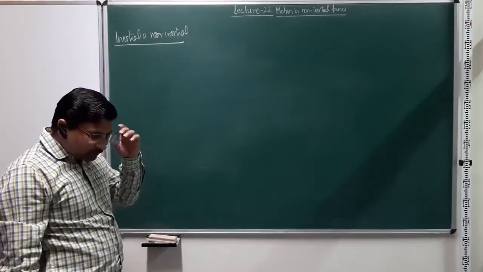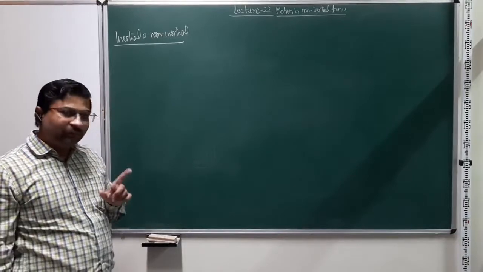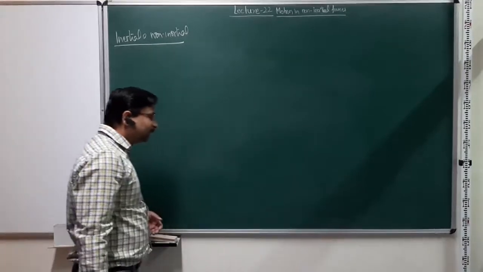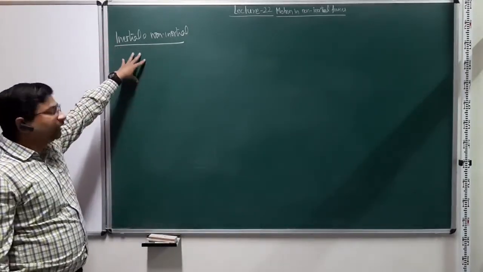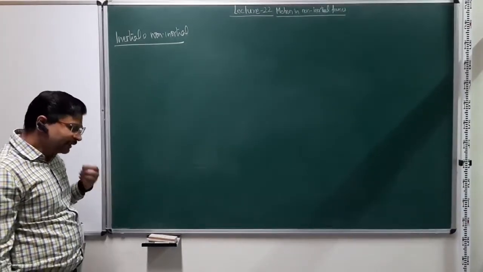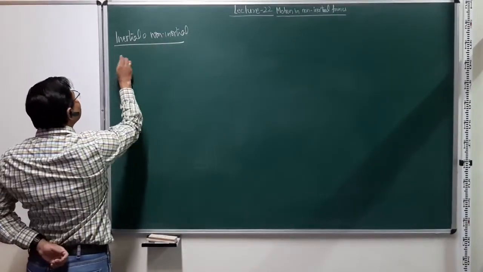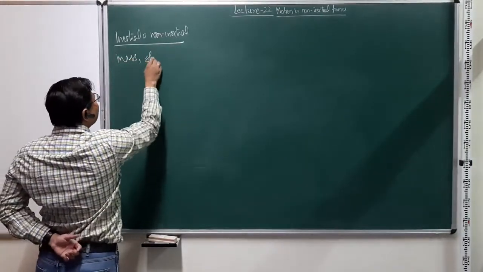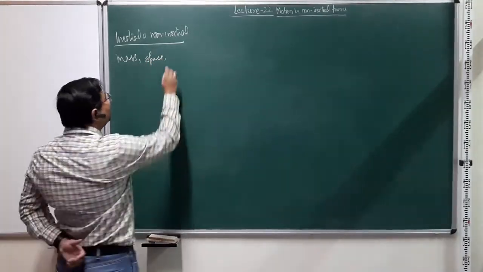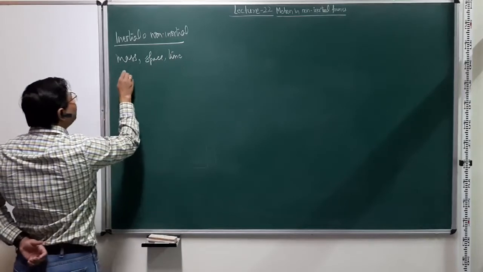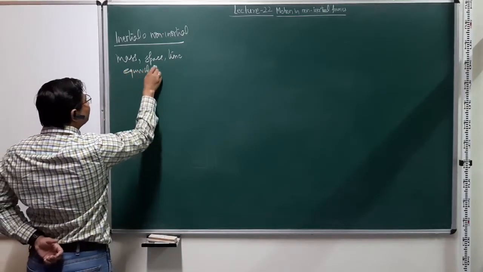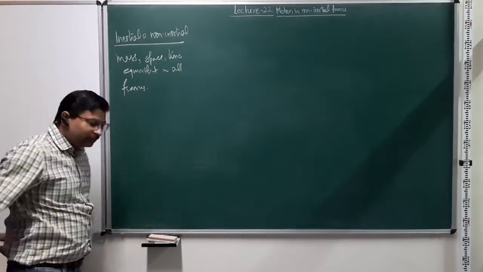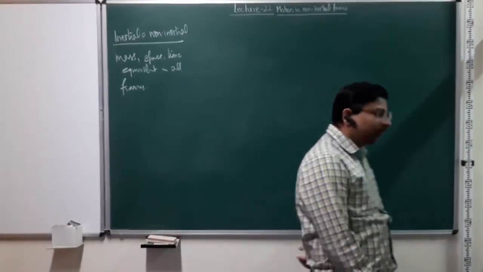I am going to look at this relation with certain extra restrictions, and those restrictions are that mass, the inertial mass, space, or the coordinates x, y, z, and time, right, are equivalent in all frames, be they inertial or non-inertial.